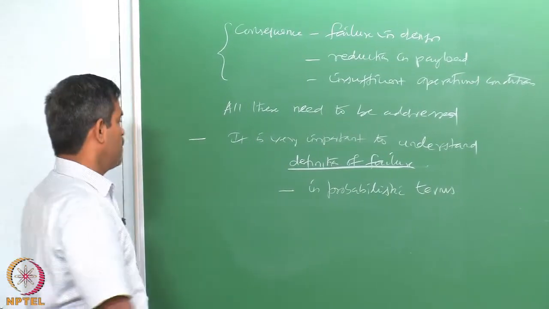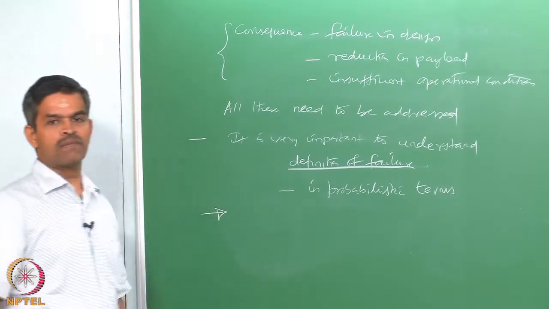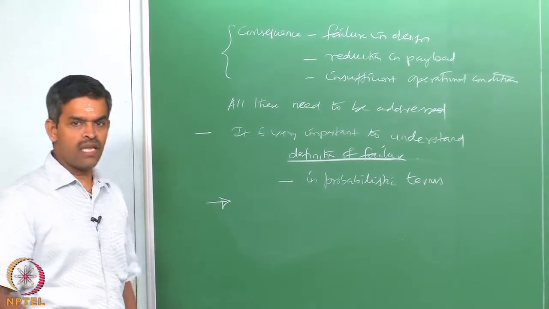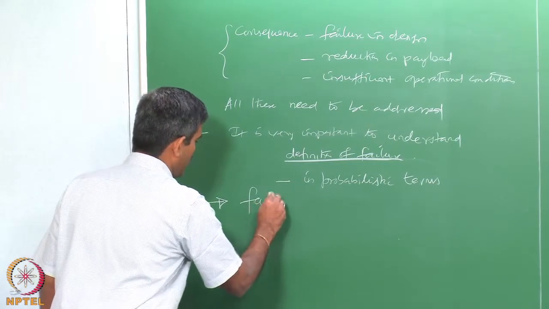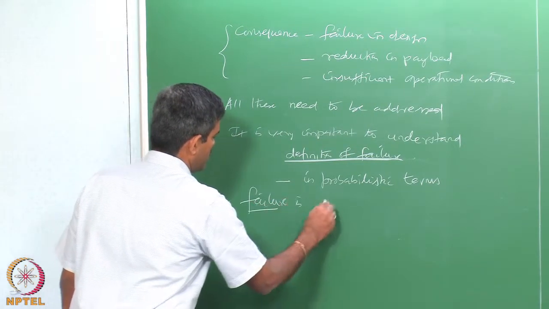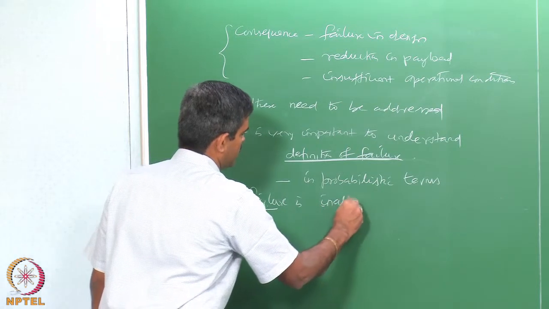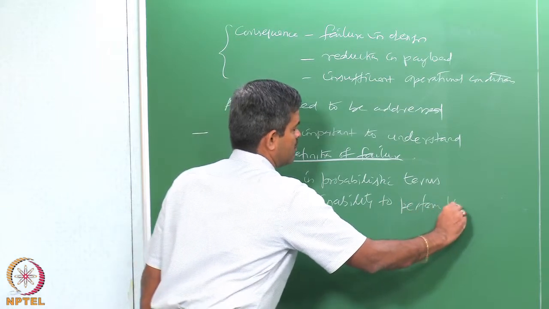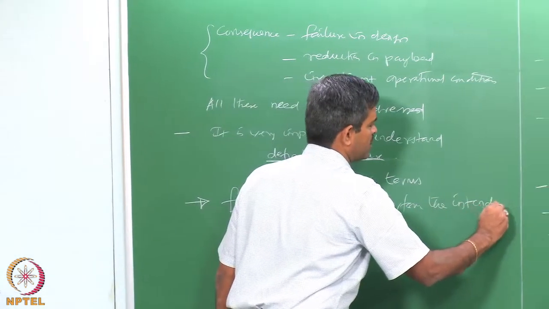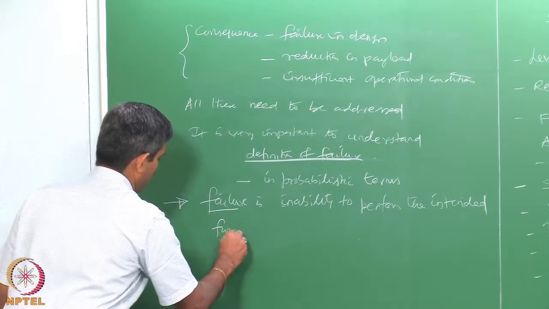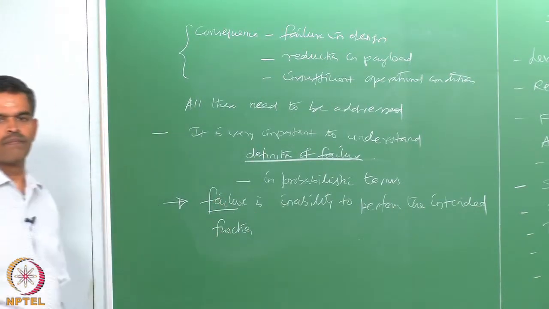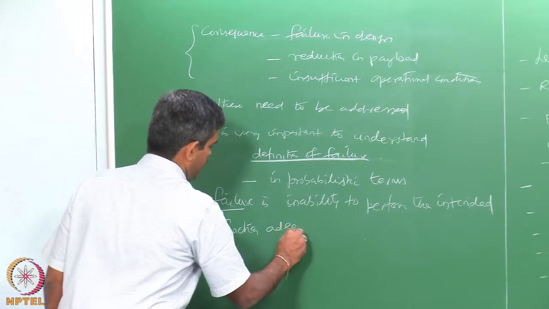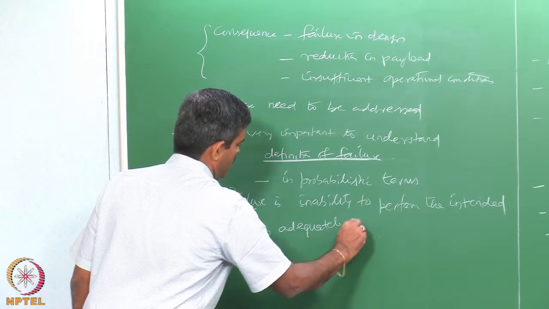So, we already said that. Let us reiterate this statement. Failure of a platform is inability to perform. So, I should say failure is inability to perform the intended function adequately on demand.